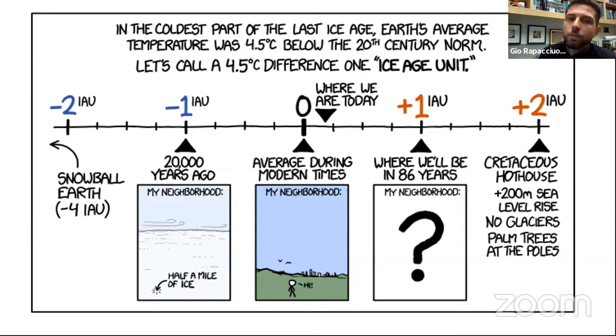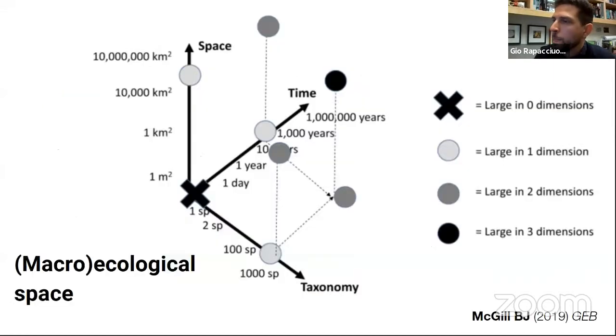But this really gives an idea of how large the scale of the problem is here, and how much of a challenge it will be to try and predict what might happen to living systems in those conditions.